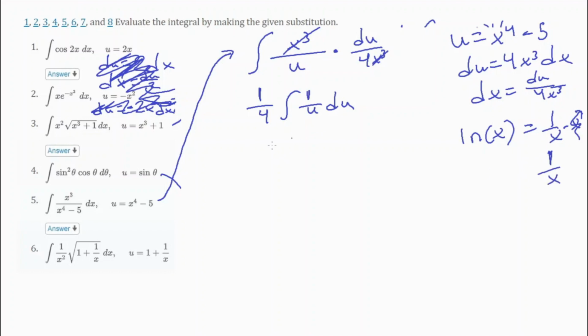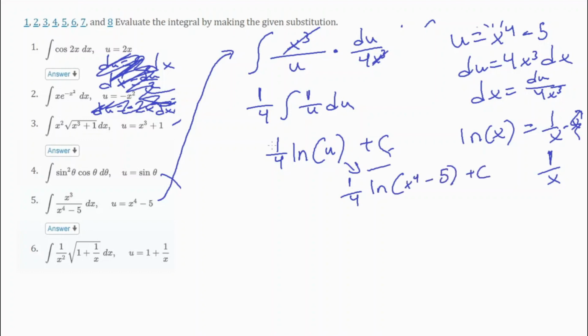So our antiderivative of 1 over u is going to be ln of u, multiplied by 1 over 4, plus c. And now all we need to do is just plug in for u. So we're going to have 1 over 4 ln of x to the fourth power minus 5 plus c. And that is our final answer.